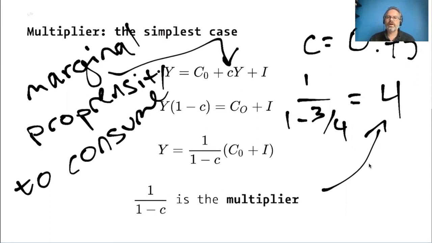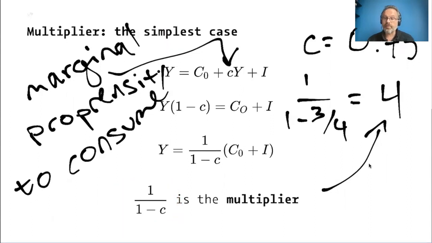On the other hand, as we'll see, 4 would be a really high guess for the multiplier. It would be very hard to find somebody who thinks in a real economy, the multiplier for practical purposes is as high as 4. So obviously we've got to add some more to our story to make it give us more realistic results. But in the simplest case, you have 1 over 1 minus c, and that's the multiplier.